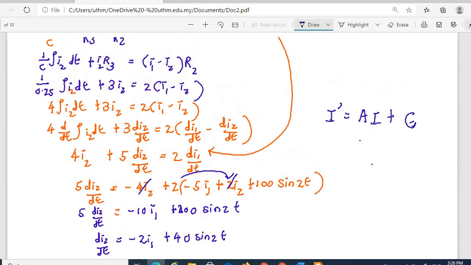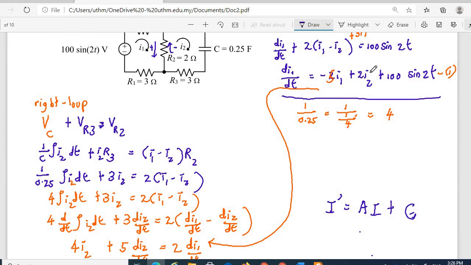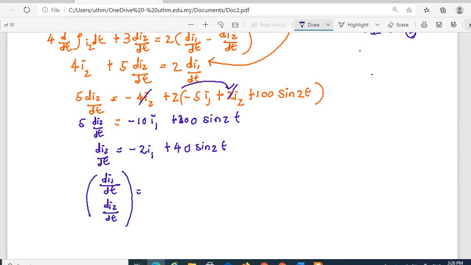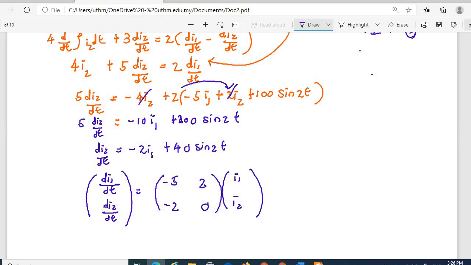How to get the 2 by 2 matrix? Take out the coefficients for your I1, I2. So negative 5, 2 for the first row. For the second equation, the coefficient for I1 is negative 2. The coefficient for I2, we don't have I2, so it's 0. So this is I1, I2.